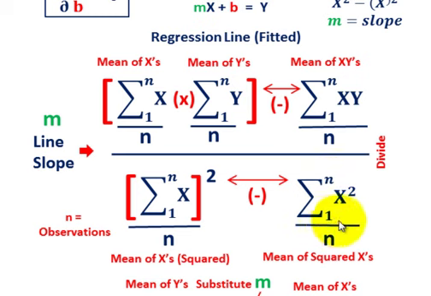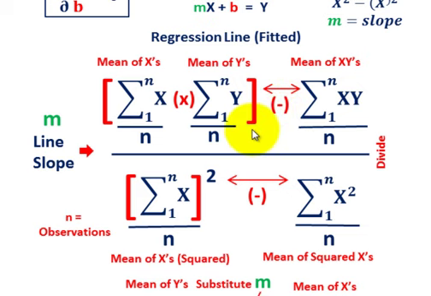Just divide that by n, the number of observations. That's your mean of the squared x's. You subtract that from the mean of your x's squared, and whatever quantity you have, you divide the numerator above by that difference.